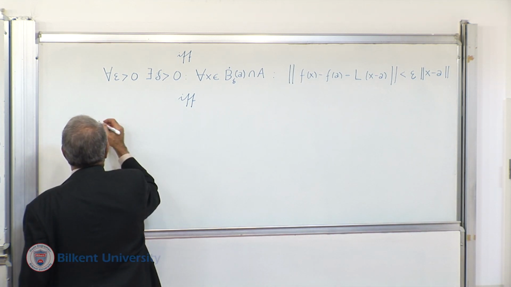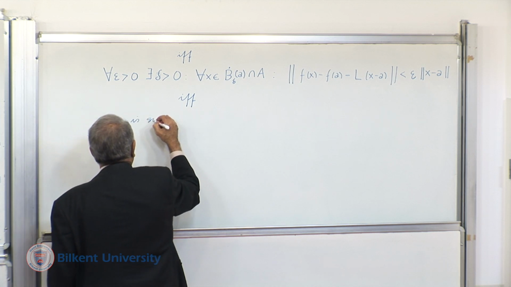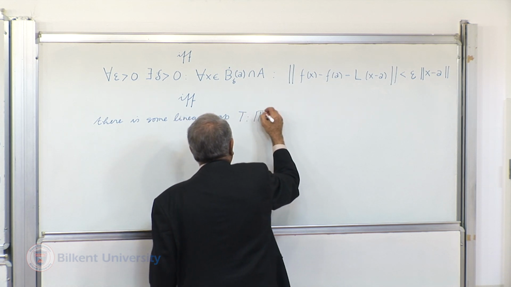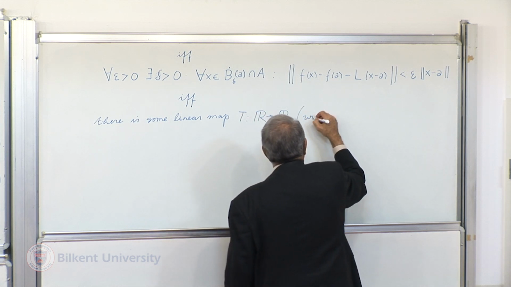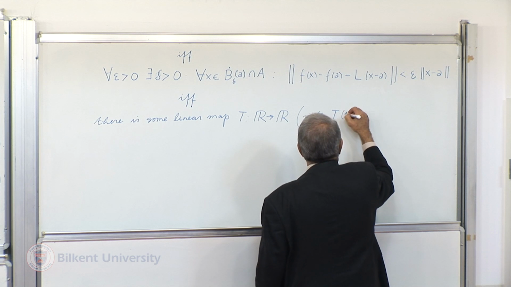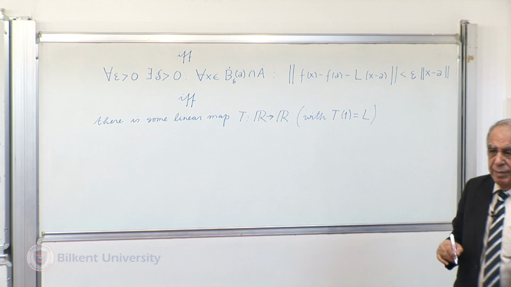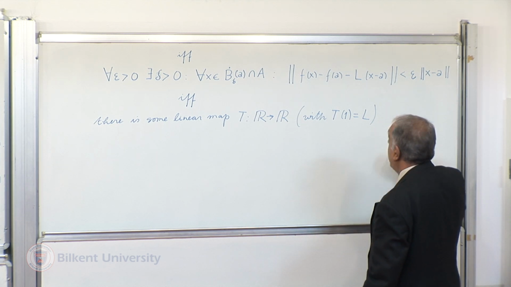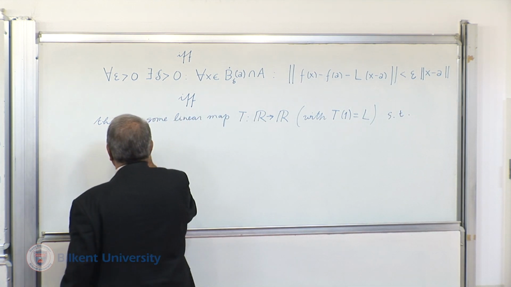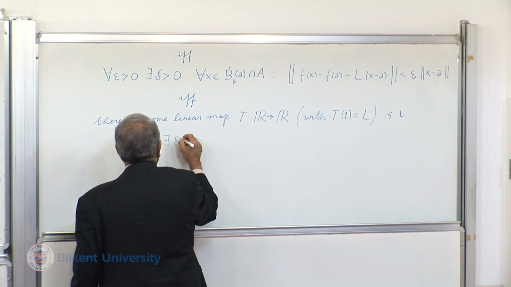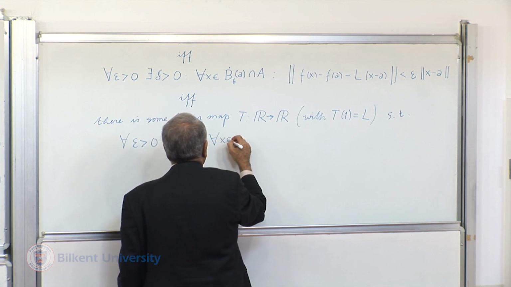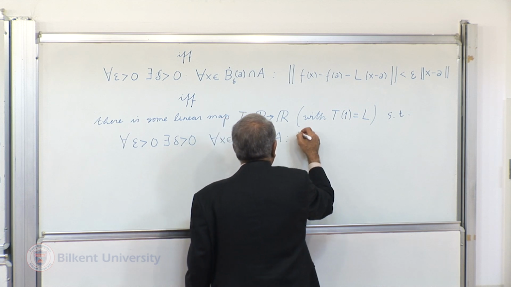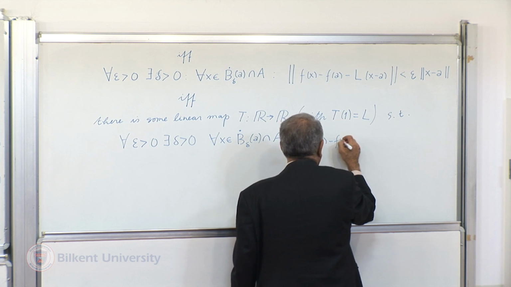Well, if and only if there is some linear map T on R to R, now I will write this in parentheses, with T of 1 equal to L, we can delete this, but let's keep it now, such that for all epsilon positive, there is some delta positive such that for all x in the punctured delta ball about a intersection A, we have f of x minus f of a.